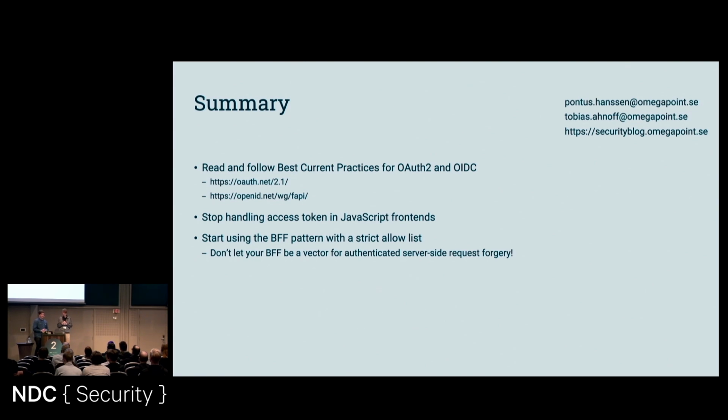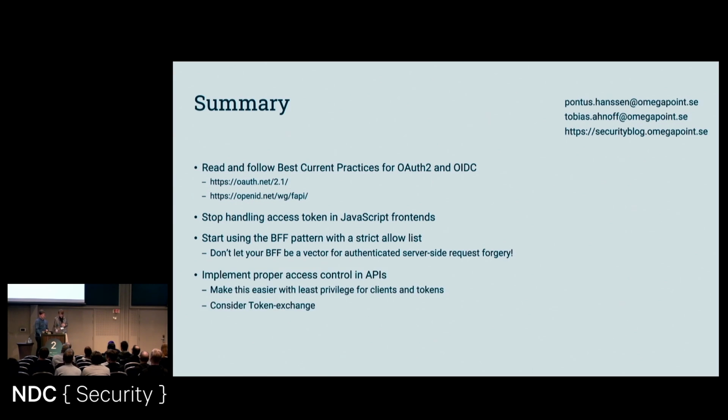Also, stop handling access tokens in JavaScript frontends. Instead, opt for using a backend for frontend with a strict allow list, so as not to let your BFF be a vector for authenticated server-side request forgery. And as always, make sure to do proper access control in the APIs.